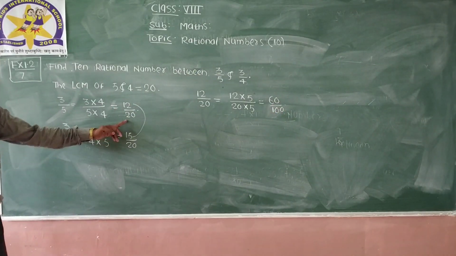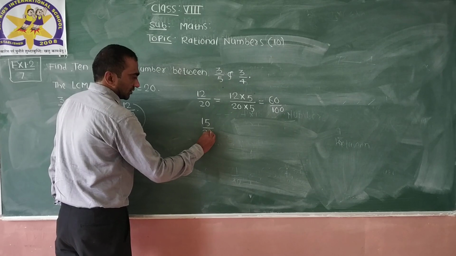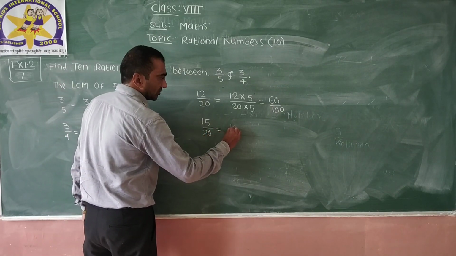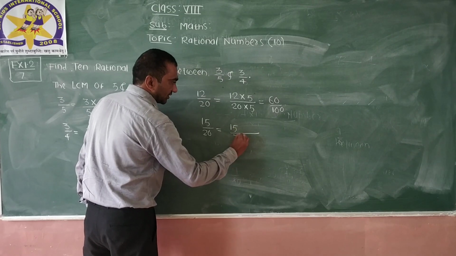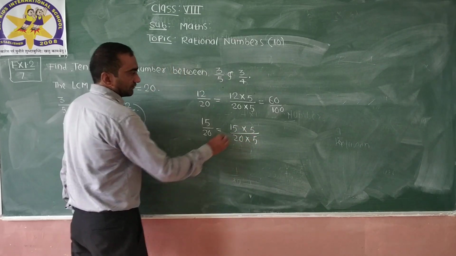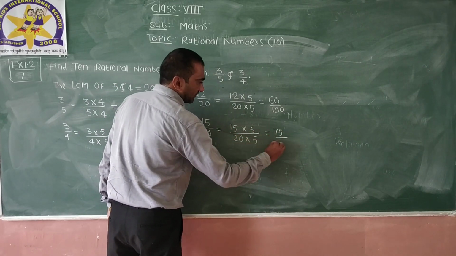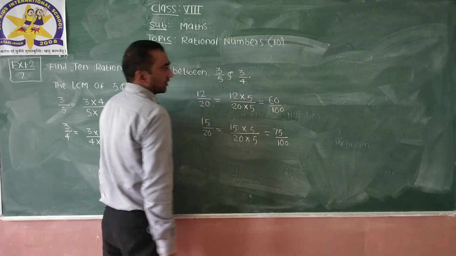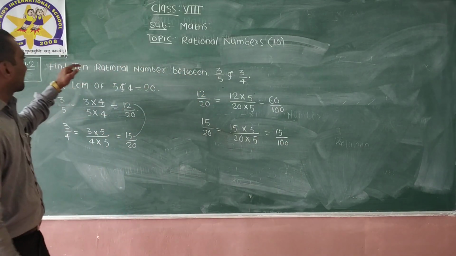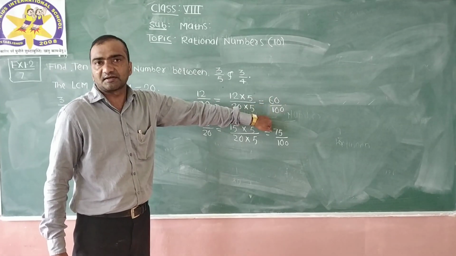Second rational number is 15 by 20. Multiply this rational number by 5 to the numerator and denominator. 75 by 100. Now if you observe, we can find out 10 rational numbers between 60 and 75.